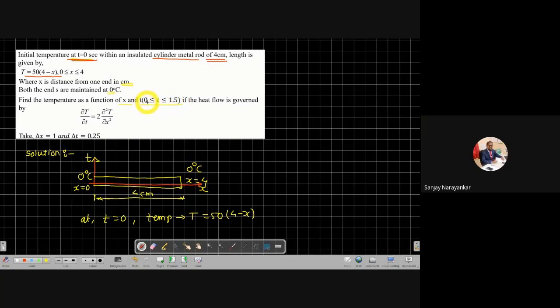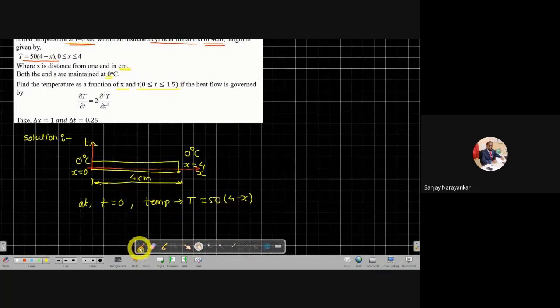So we got additional information from this. x varies from 0 to 4 centimeter and time varies from 0 to 1.5. Any question?